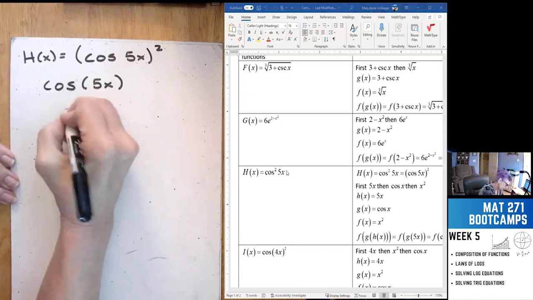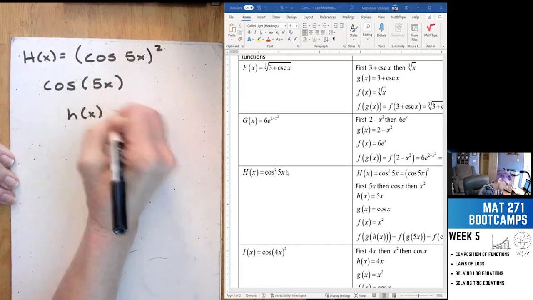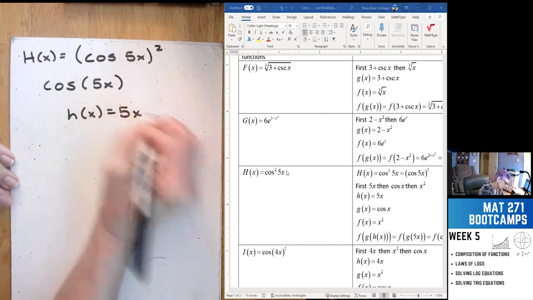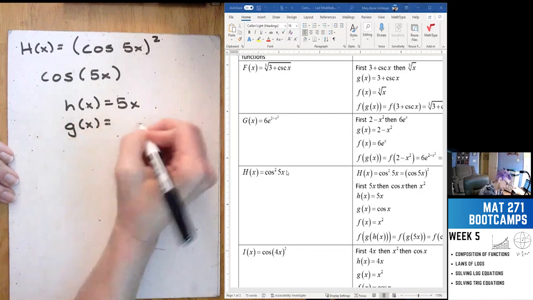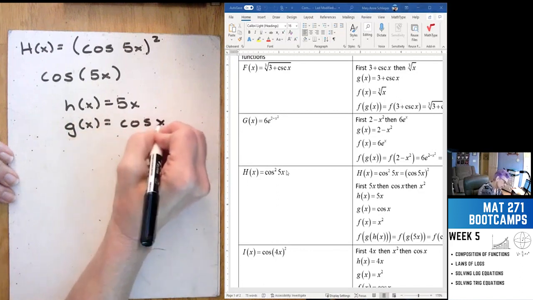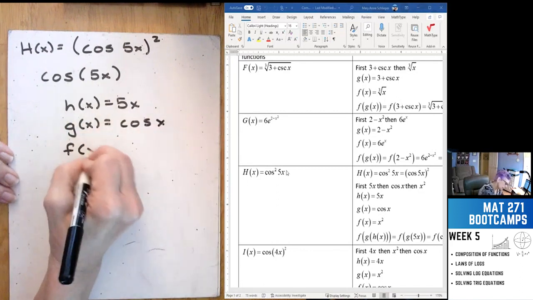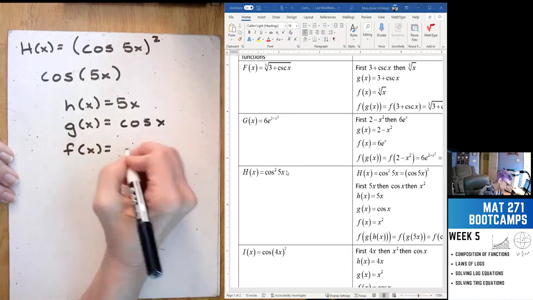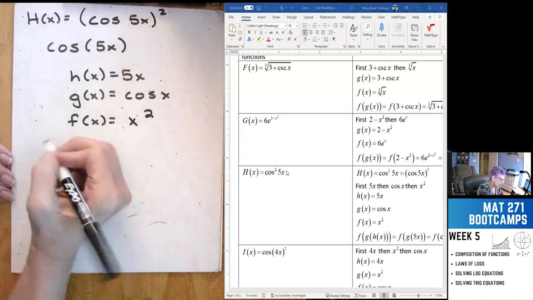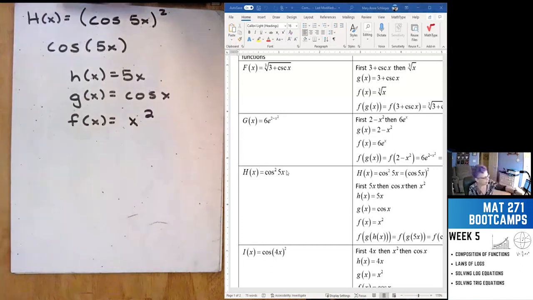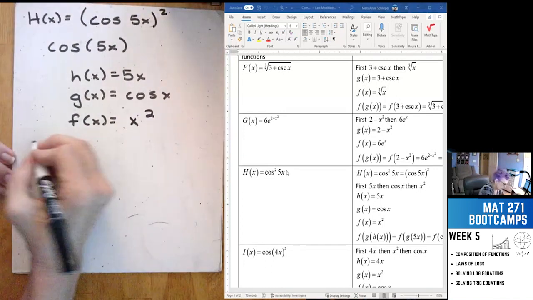So this time we need to start with little h of x. Then we have little g of x. And finally we have f of x, which is x squared. So we have to kind of work our way out of the parentheses.